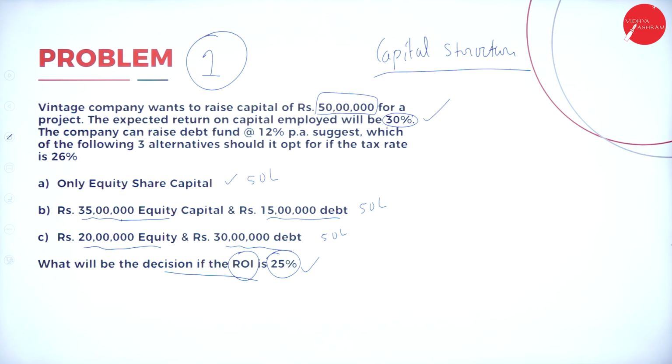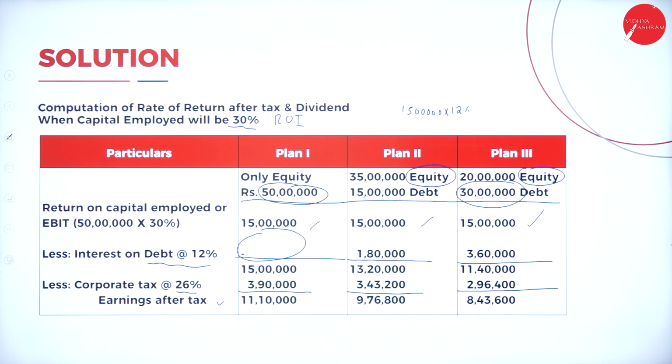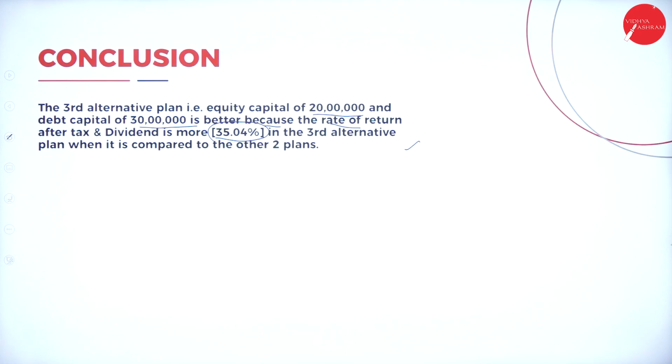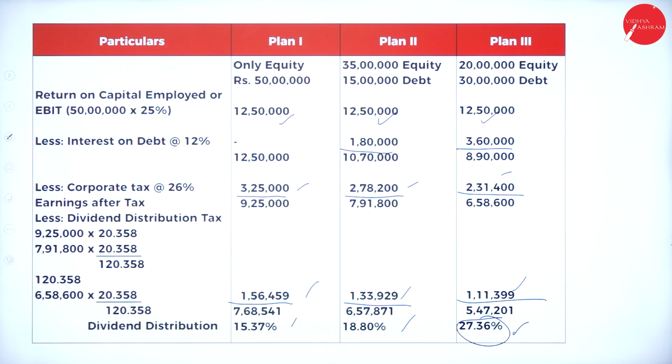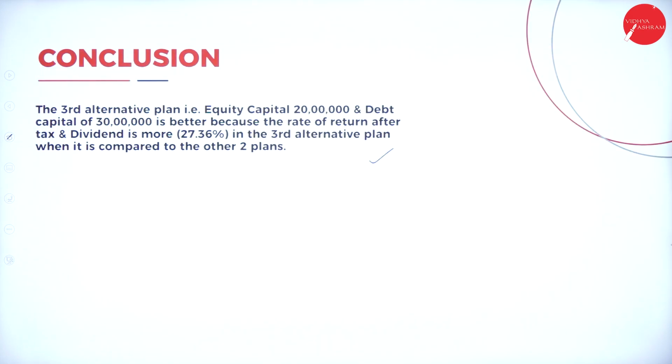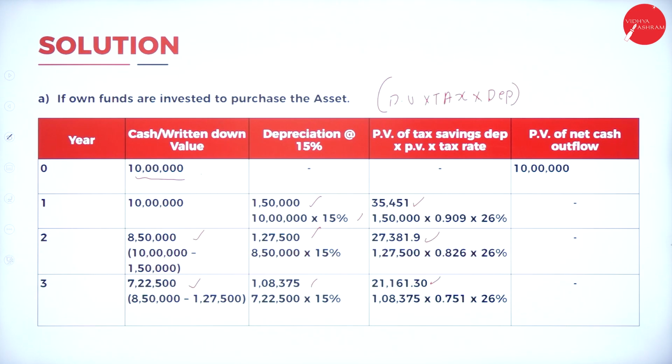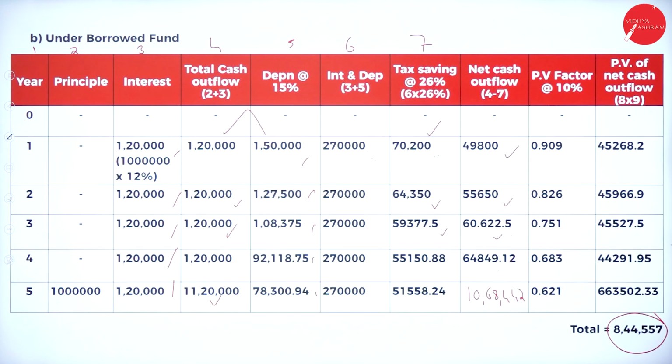This is your problem number 1. This is a conclusion part. This is your problem number 2. The solution part.